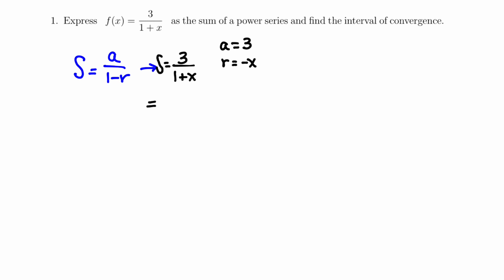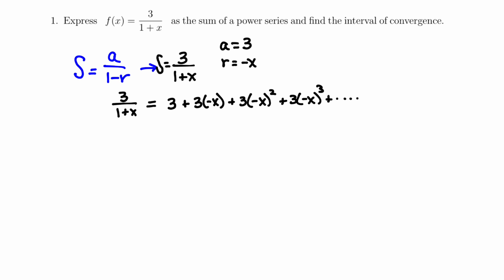In other words, we could represent 3 over 1 plus x as that infinite geometric series where a is 3, and then the next term is 3 times minus x, and then the next term is 3 times minus x squared, and then the next term is 3 times minus x cubed, right?